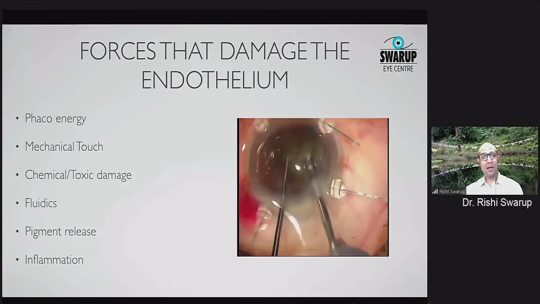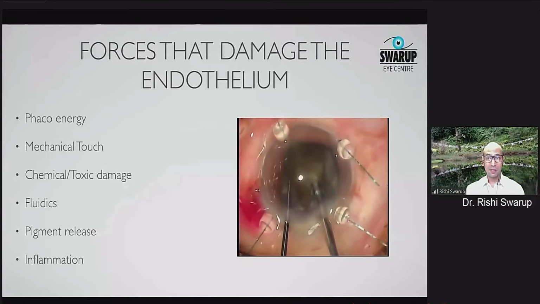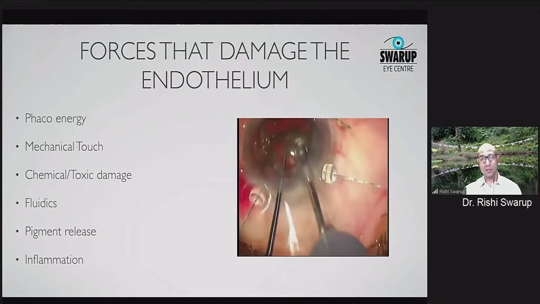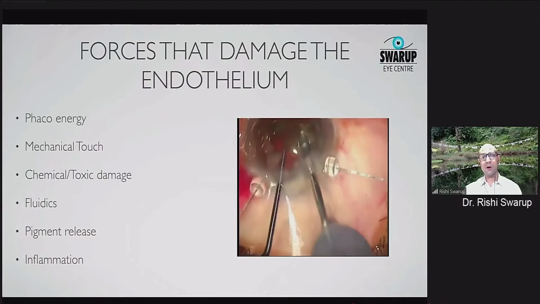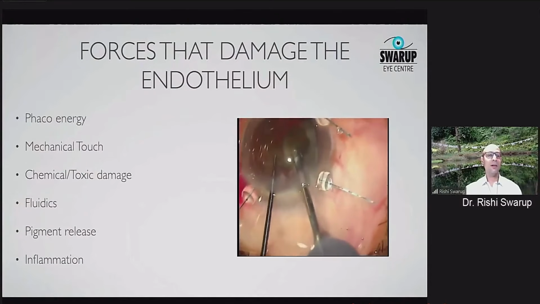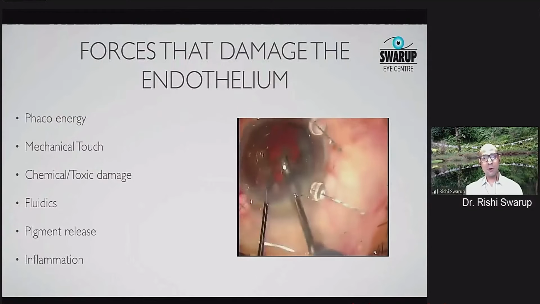You can have chemical or toxic damage, which can sometimes even result in a TASS-like situation and can significantly damage the endothelium. So if you're especially using a new instrument or some intraocular fluid which has not been tested before, one has to be very careful. Fluidics can also play a role.